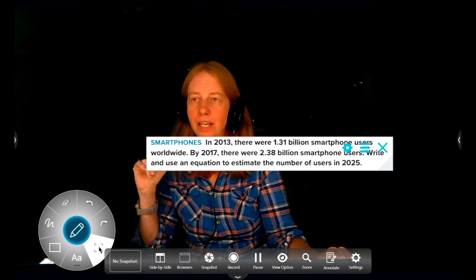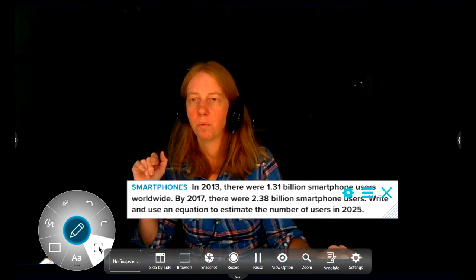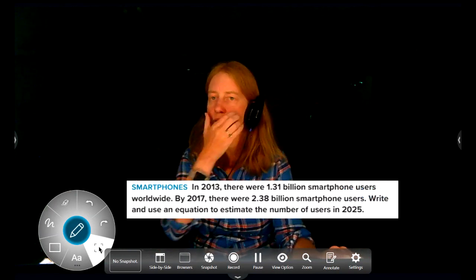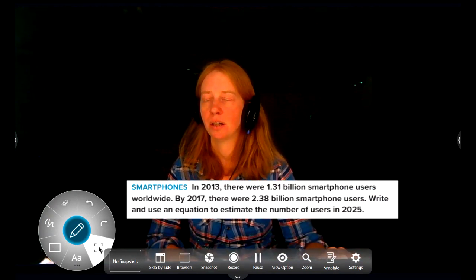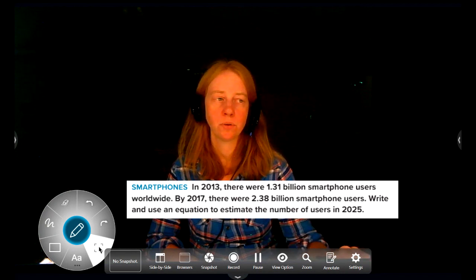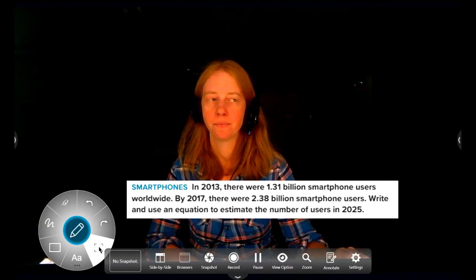So here we go. In 2013, there were 1.31 billion smartphone users. By 2017, there were 2.38 billion smartphone users. Write and use an equation to estimate the number of users in 2025.